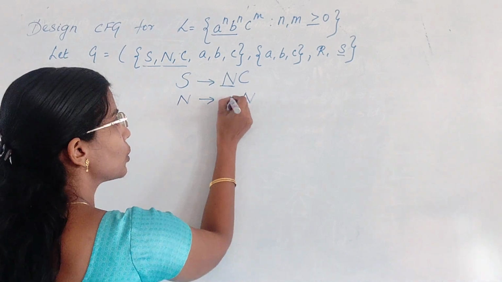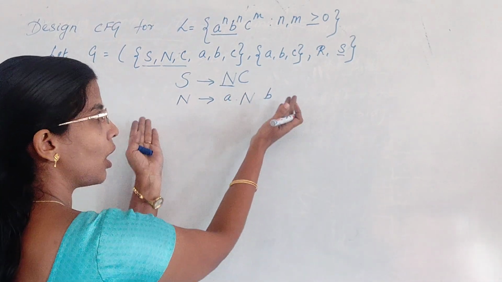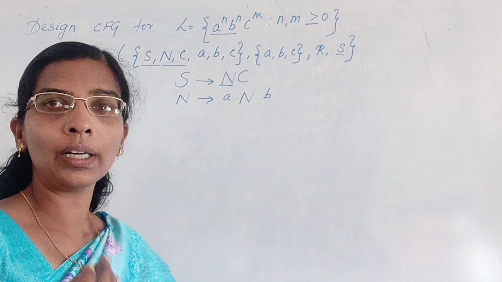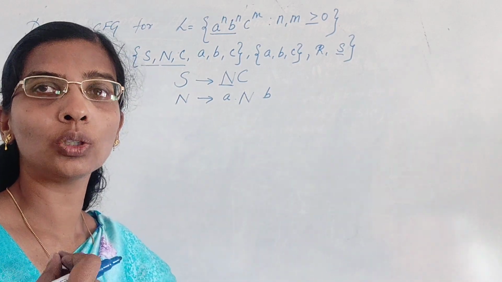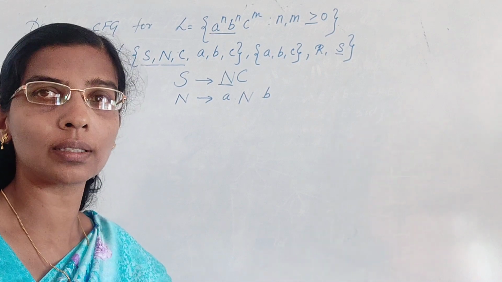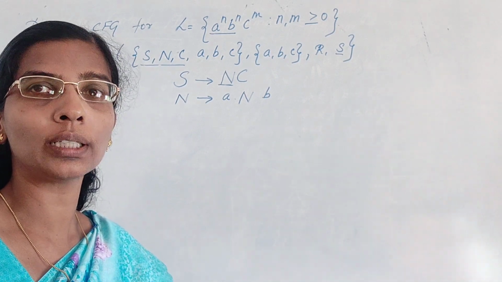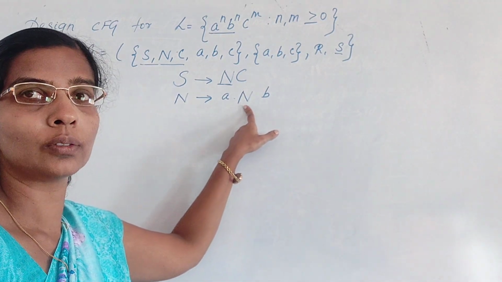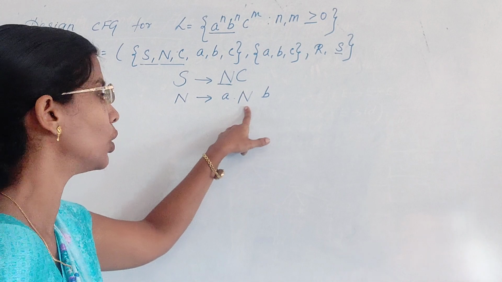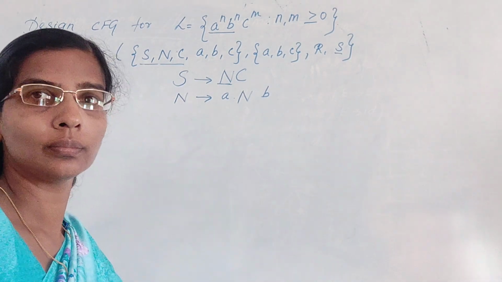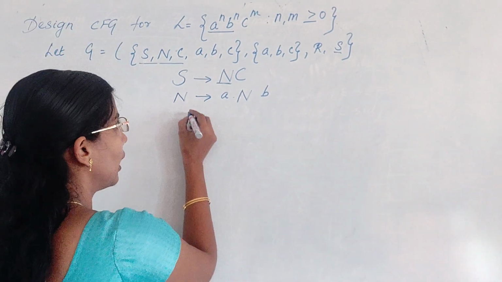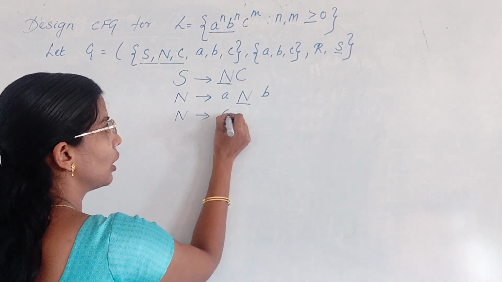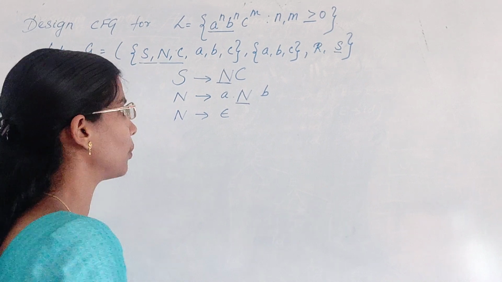So N tends to A N B, outside to inside, because every time you will be replacing your non-terminal to generate the string. Next, how to stop this? N tends to epsilon. I will include one epsilon production.